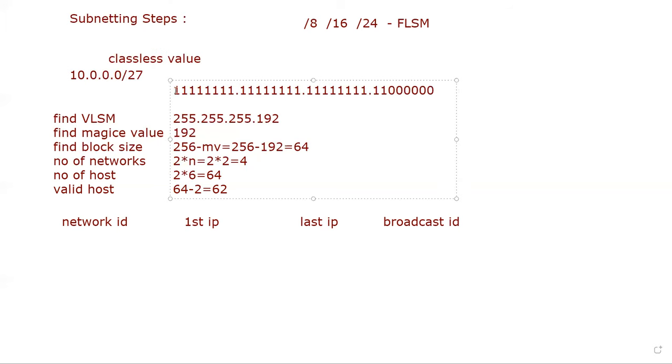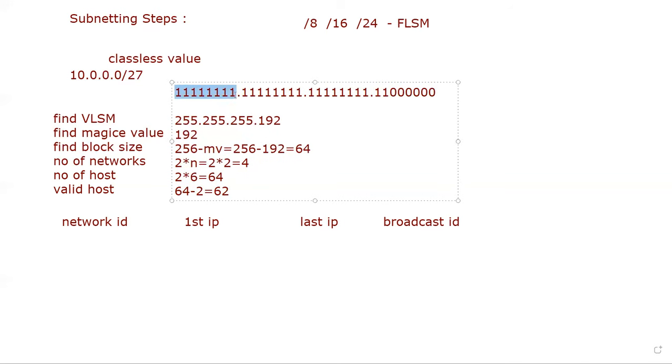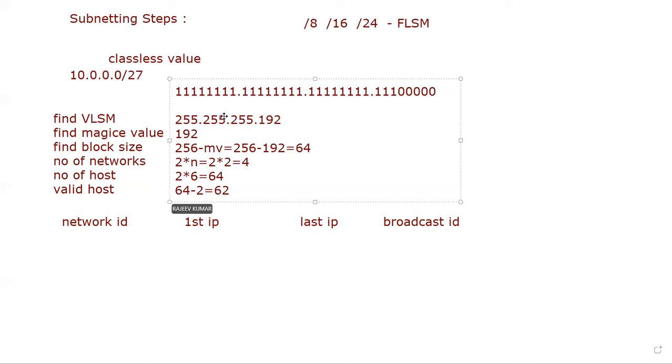If you are using 27 there, then 8, 16, 24, 25, 26, and 27. I know that in A class 8 bits are on, but that is the minimum criteria. 27 can be there. So 255.255.255.224 is there.